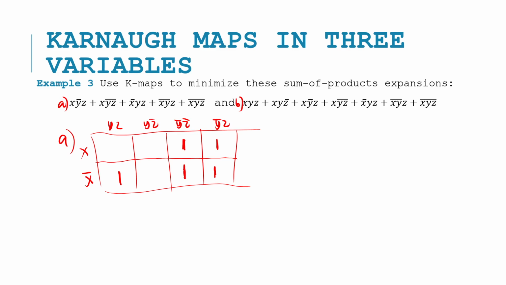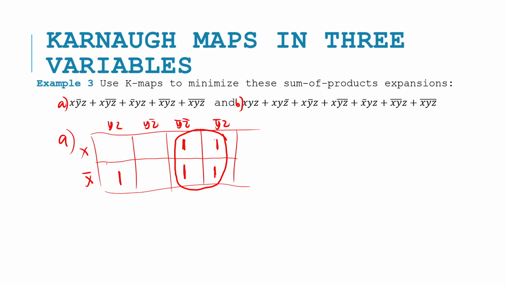Now we have to group our ones. The first thing that we have to do is group the largest group possible. So 4 ones here is one group, and all ones must be grouped. Okay, all ones must be grouped.